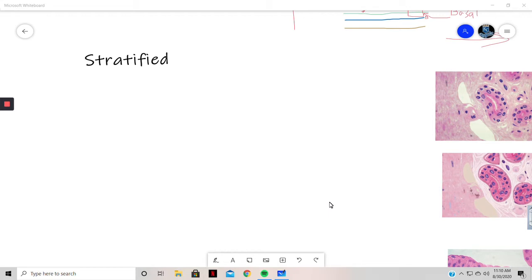Even though the single layers are important, what you're going to see here is the most common types of cells, and once we talk about their structure and function, it'll make a little more sense why these are more common than simple. But it's good old stratified.